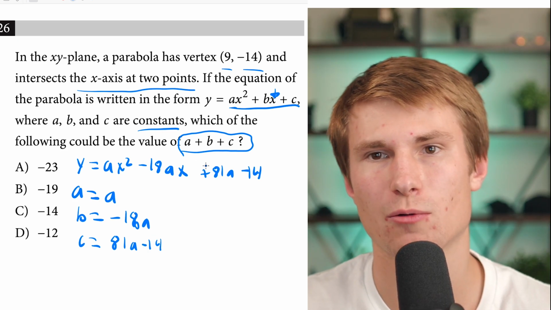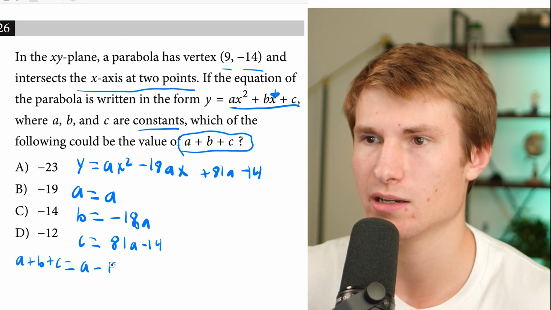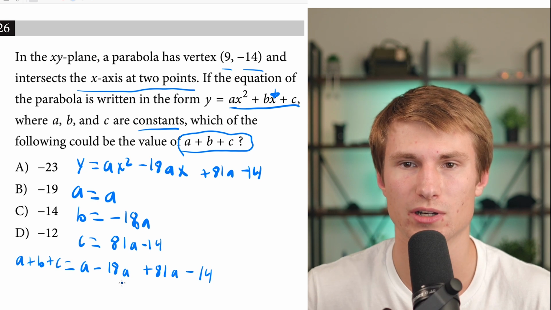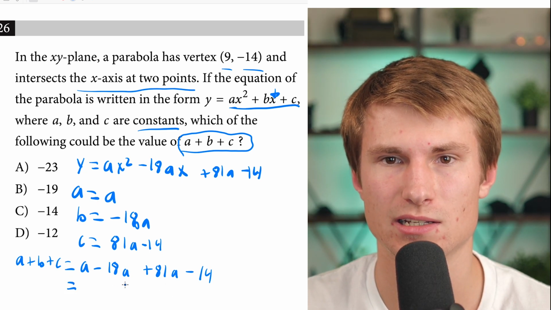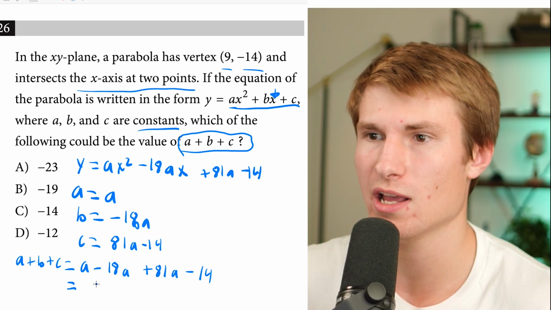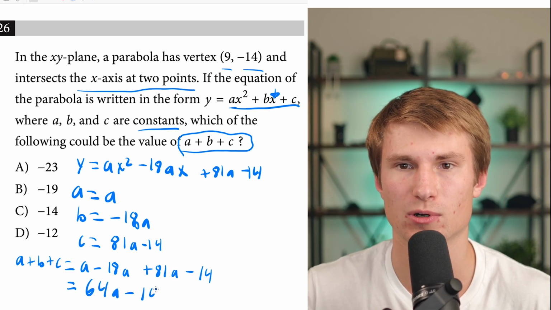All right, so from here, I want to sum these all together. So a plus b plus c is going to equal a minus 18a plus 81a minus 14. Now from here, we're going to go ahead and combine these a terms. So we'll have a minus 18a, which will give us negative 17a. Negative 17a plus 81a will give us positive 64a. So we'll have 64a minus 14.